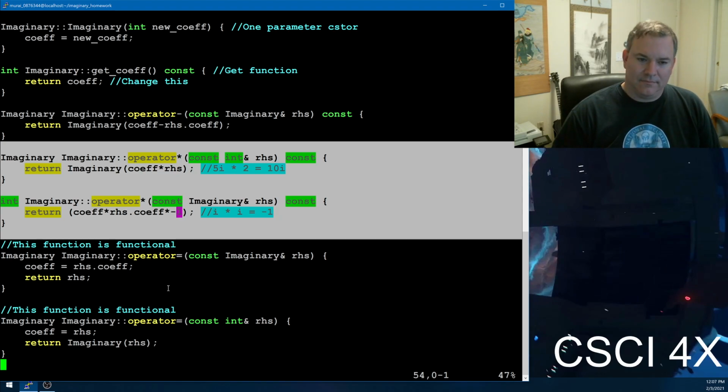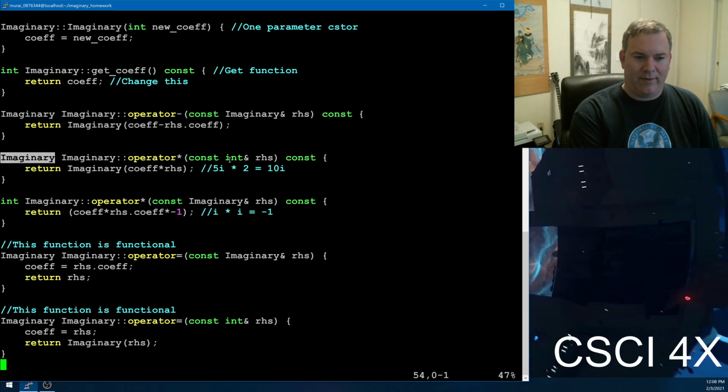One is multiplying an imaginary and a real number, and the other is multiplying two imaginaries. And i times i is -1. Yeah, very good. And the return values are different, right? If you multiply an imaginary times an int, you get an imaginary. But if you multiply an imaginary times an imaginary, you get an int, right?